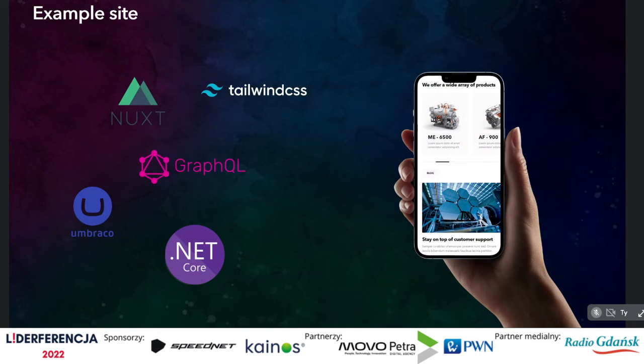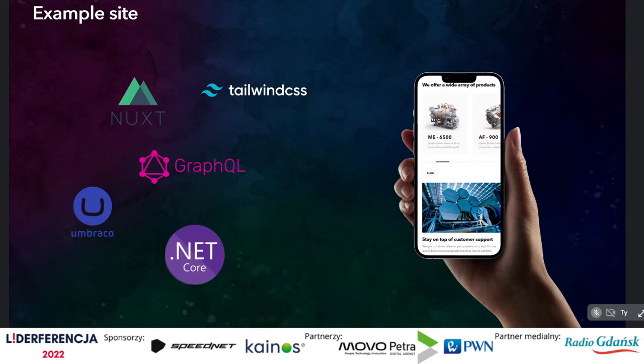In this example, this is actually the rendering of one site that we're working on right now. It is powered by Nuxt.js. Nuxt.js is a Vue-based framework that helps you generate static HTML, static sites. And in this case, there's also a headless CMS. We like Umbraco. Umbraco is a .NET CMS.